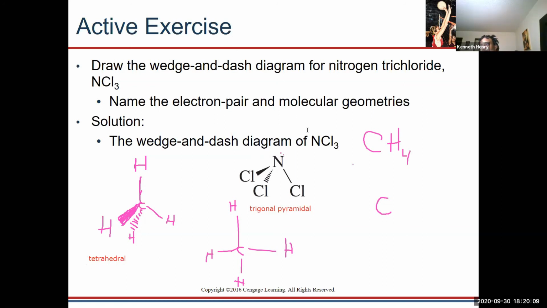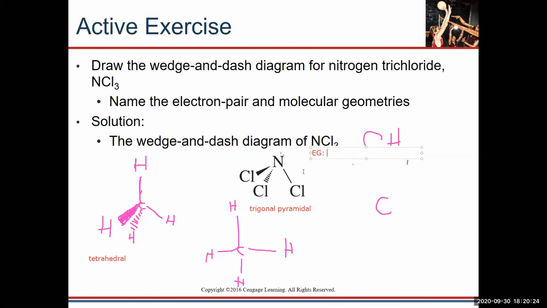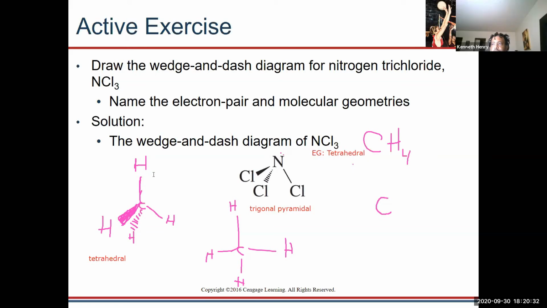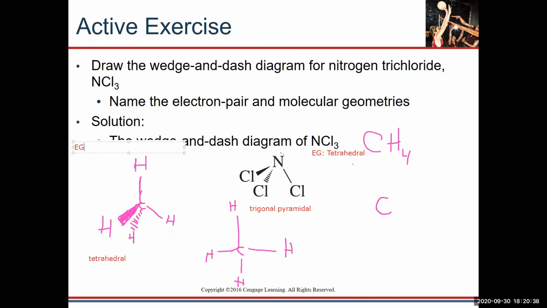And we'll use an abbreviation, EG, electron pair geometry. It's going to be tetrahedral. And then this guy, what would be the electron pair geometry of this guy? Tetrahedral too. That's right.